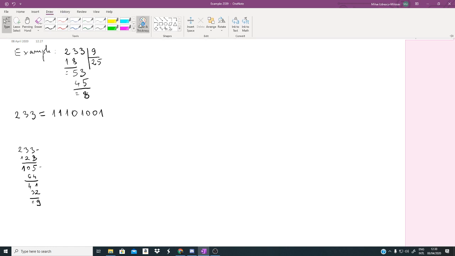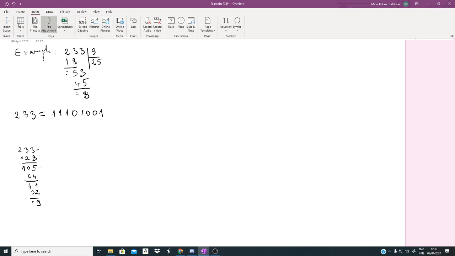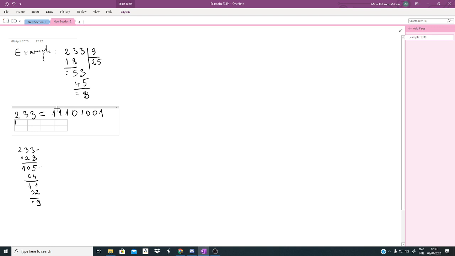Draw the table. Yeah, I'm going to draw it. Although, can we make a table here? I guess we can. We can insert a table. How many? So I need 1, 2, 3, 4. Yeah, but I don't know. Yeah, maybe like this. Okay. Let's move it.